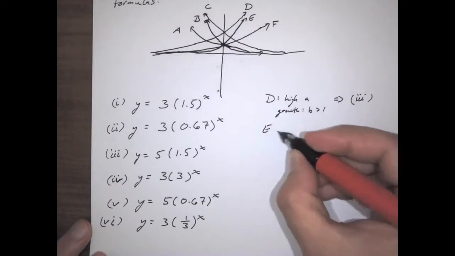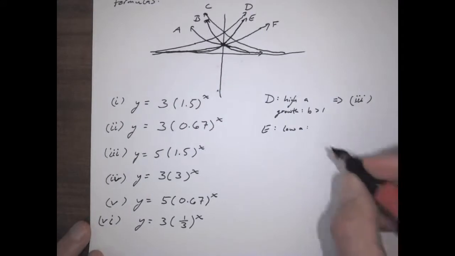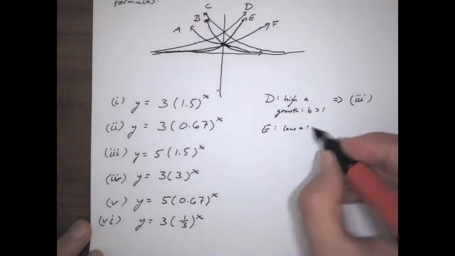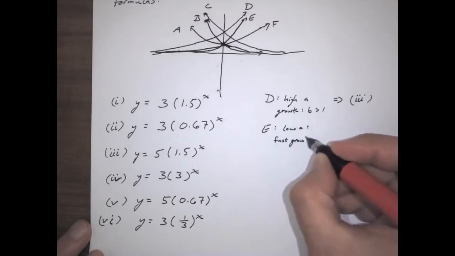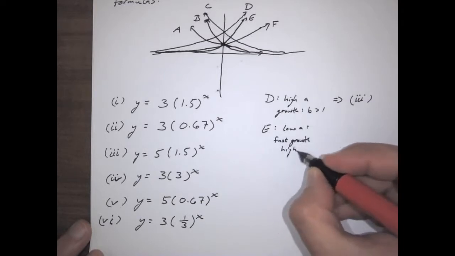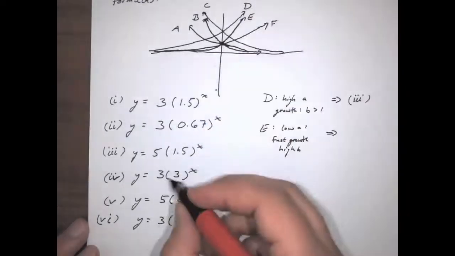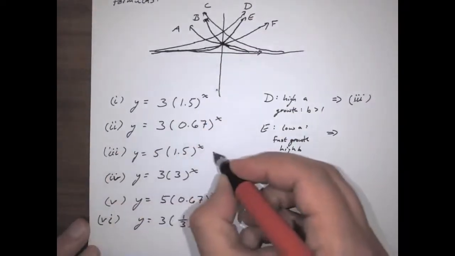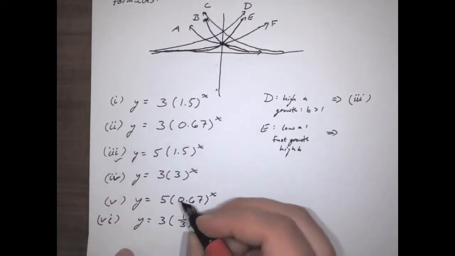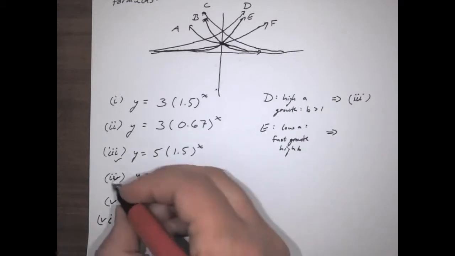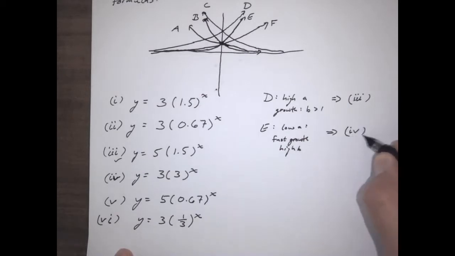Alright, as for E, that one has a low a, and it has fast growth. So that means a high b. So it's okay, this one is check. Now that leaves us a lower value of a but a higher value of b, which appears to be option 4.